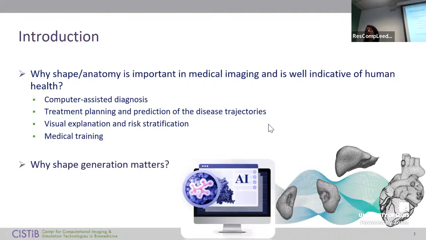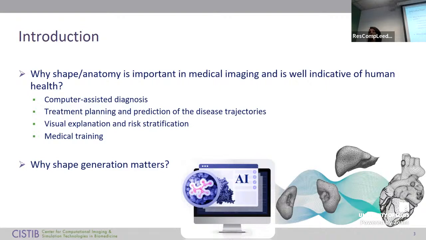But another question is why shape generation matters. As we all know these days, artificial intelligence is a critical technology for the foundation of any healthcare system. Actually, we need a publication of real patient data to train the generative model and generate shapes. But there is a challenge here: the lack of availability of real patient data.